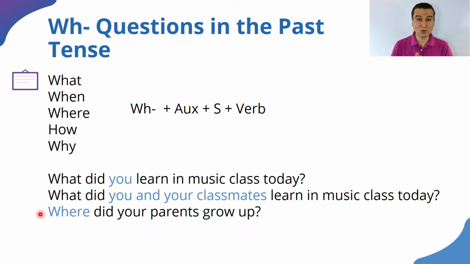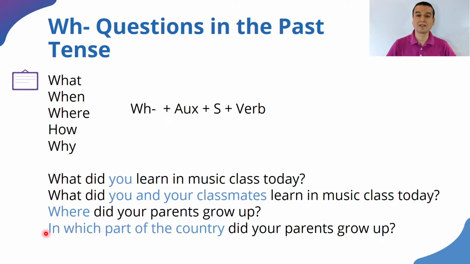Now, that question word, like where, could be one word, like in that example, or it could be something longer than just one word, like in the phrase, in which part of the country. We have a long phrase before the auxiliary, and that is, let's say, the question phrase that goes before the auxiliary. Don't become confused because it is more than one word.